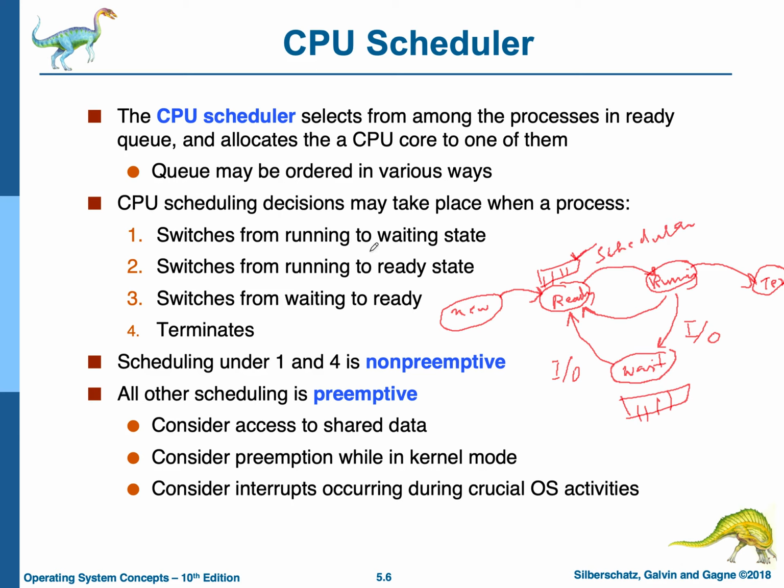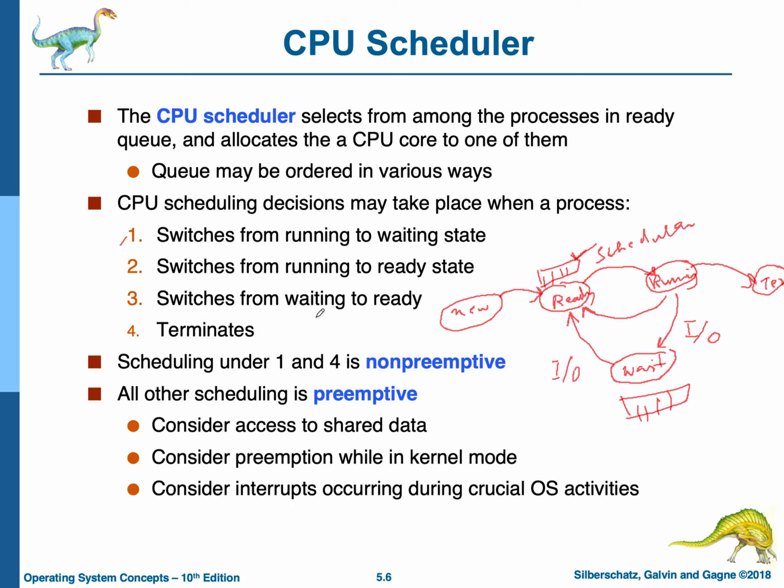The CPU scheduling decision may take place on four events. The first event is a switch from running to waiting state, when a job is running and goes to waiting state. Then CPU scheduling occurs.